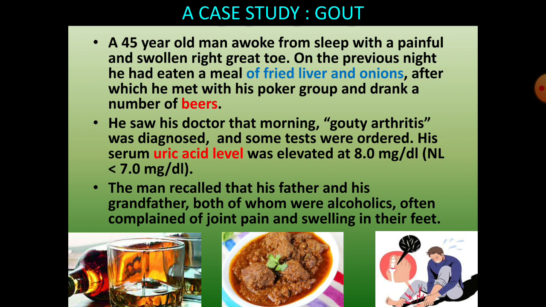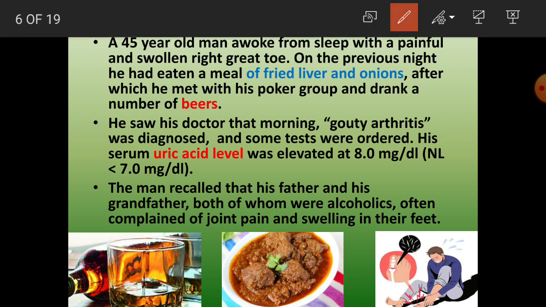He had pain in the right great toe in the middle of the night after taking a heavy meal of fried liver and onions, both giving rise to excess uric acid, and then he had also taken alcohol. So these are all points in favor of gout, and the arthritis has manifested, so it is gouty arthritis.